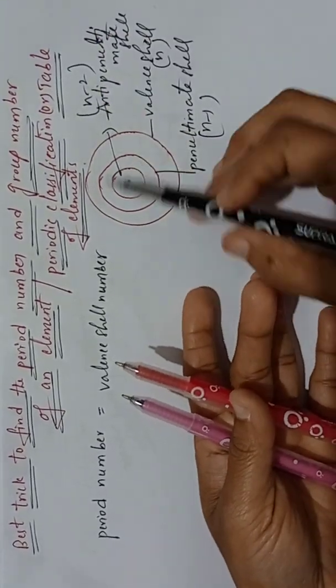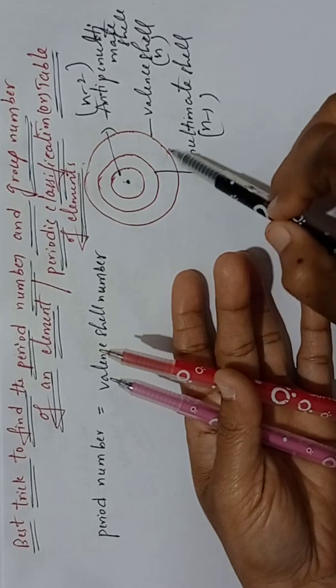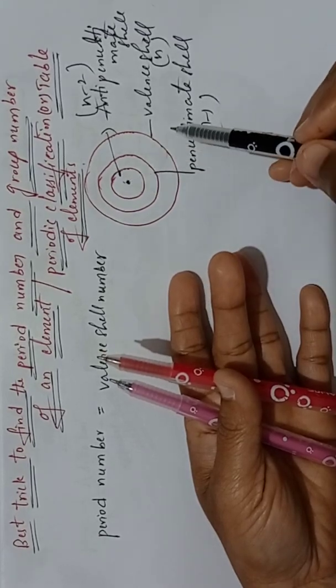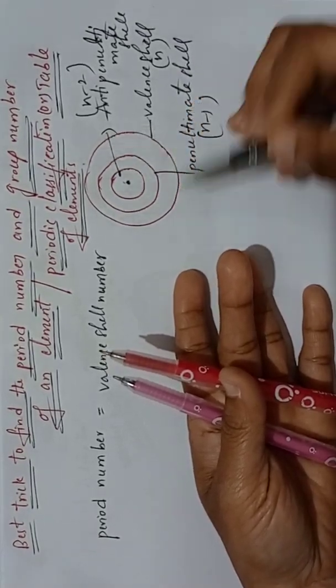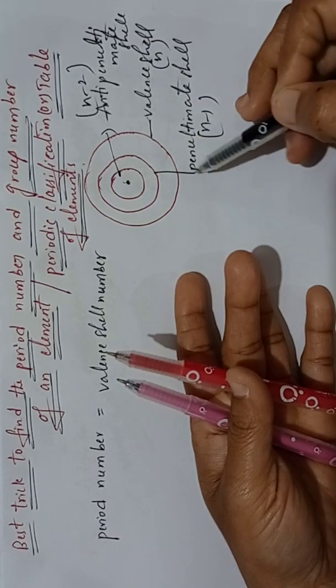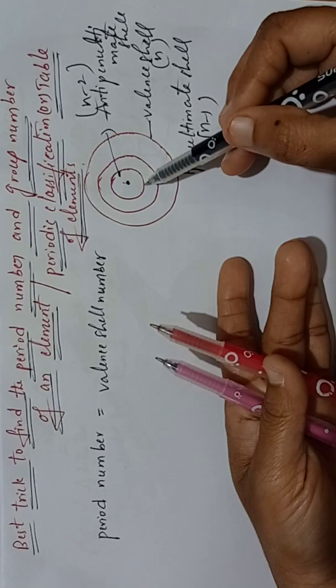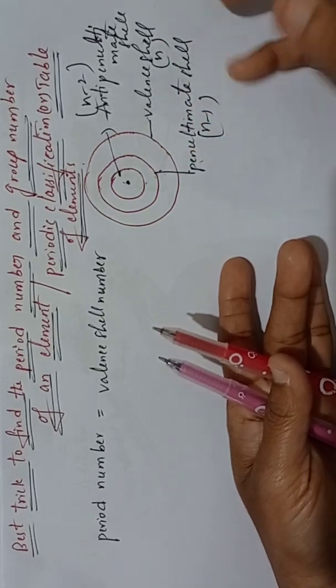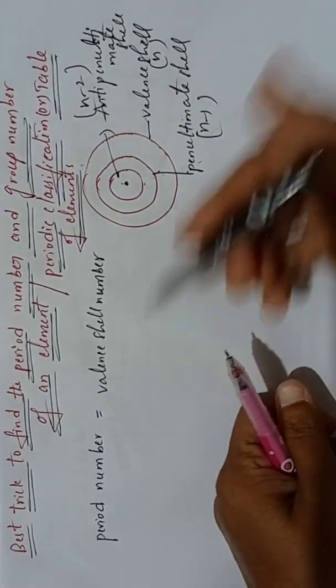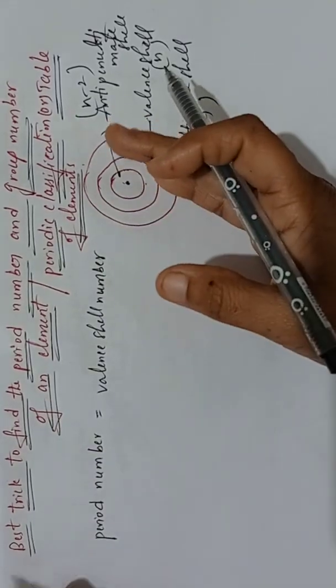Total 3 shells are there. The last shell of an atom is called the valence shell, the shell just before it is the penultimate shell, and the shell just before that is the anti-penultimate shell. Clear? So period number is equal to valence shell number.